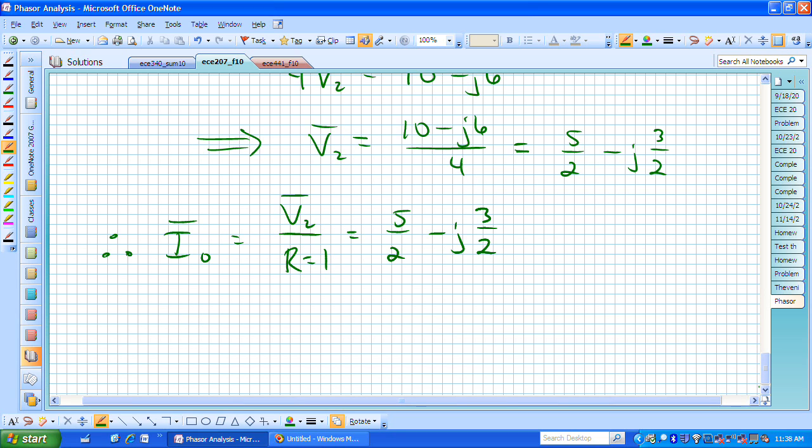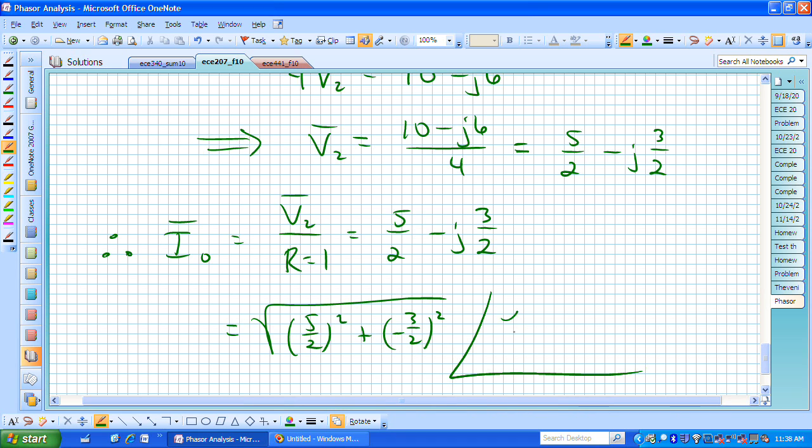If I need to take that back into the time domain, which is helpful to do so that you understand where everything is at, I can now find the magnitude and phase of that. I have the real part squared plus the imaginary part squared, and the square root of that, that's my magnitude of that phasor.